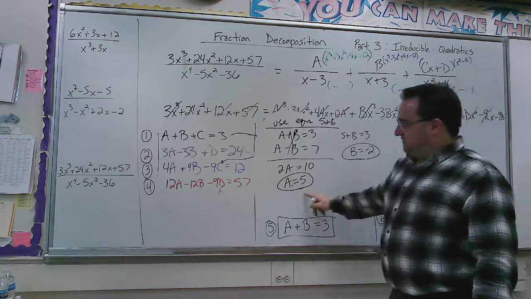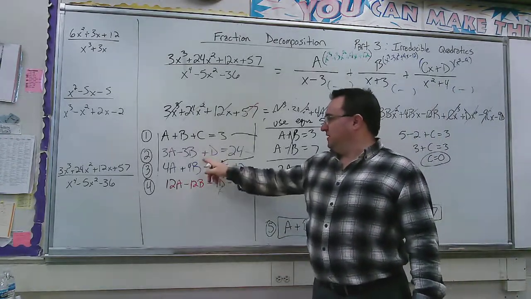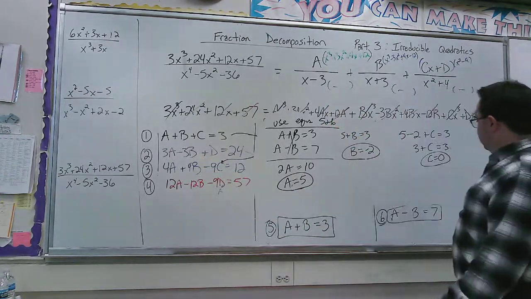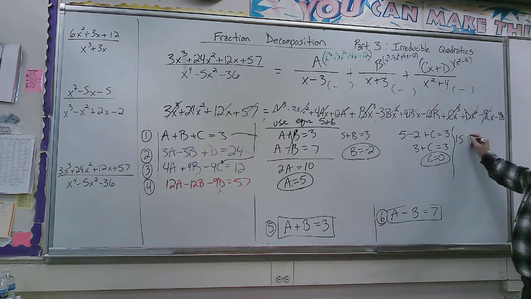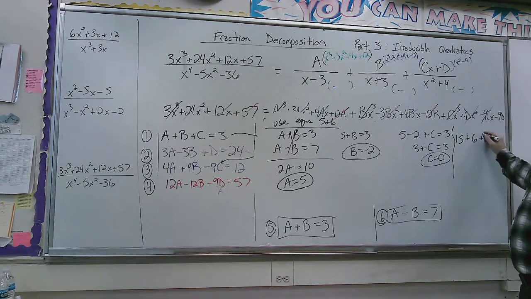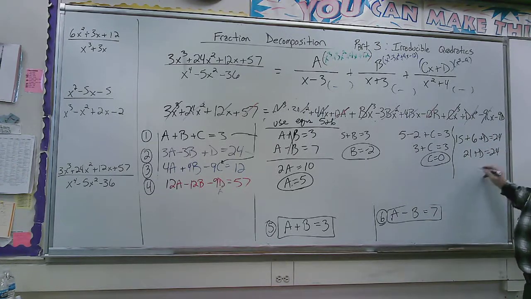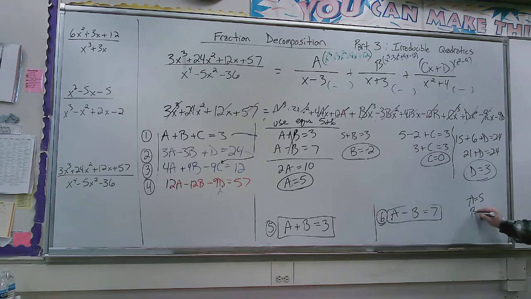And if I take these 2, pick your favorite D equation, I like that one best, and I plug them in there, I would have 15 plus 6 plus D is 24. 21 plus D is 24, so D is 3. Let me put all that in one place. A is 5, B is minus 2, C is 0, D is 3. Well, now all I've got to do is write my answer.